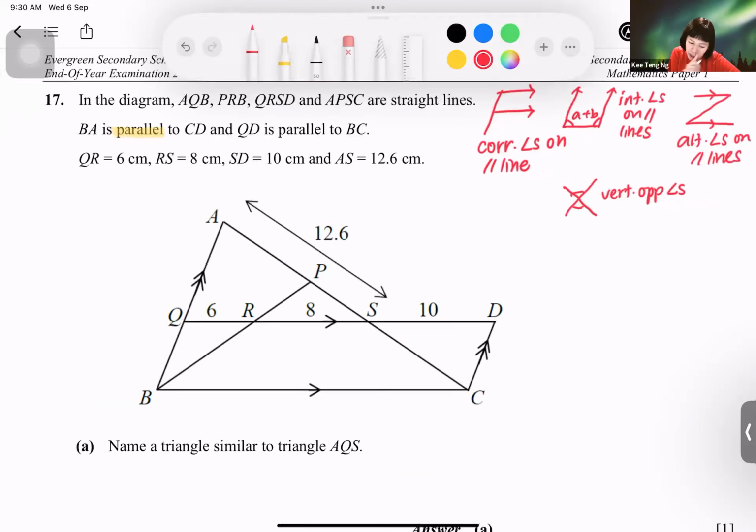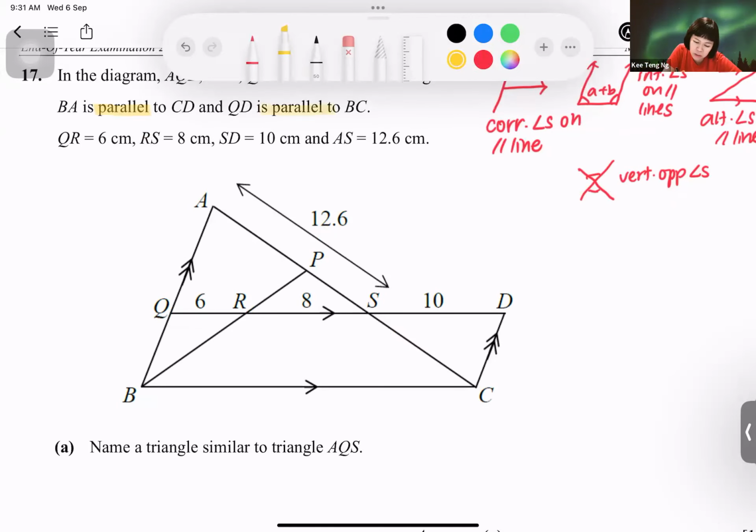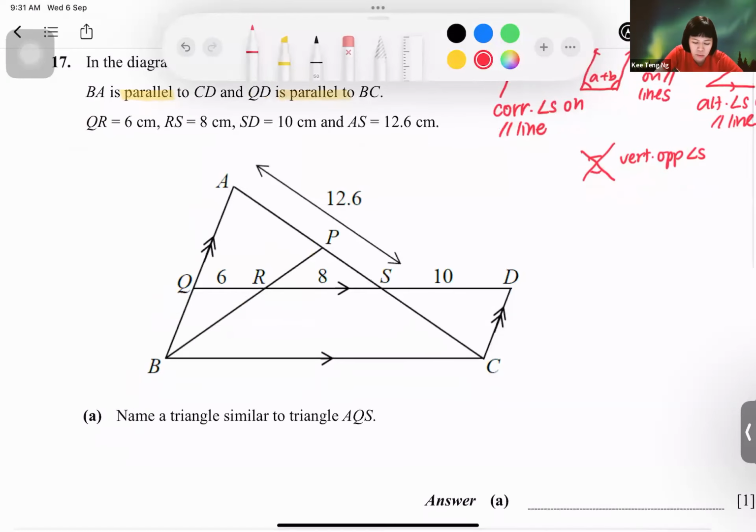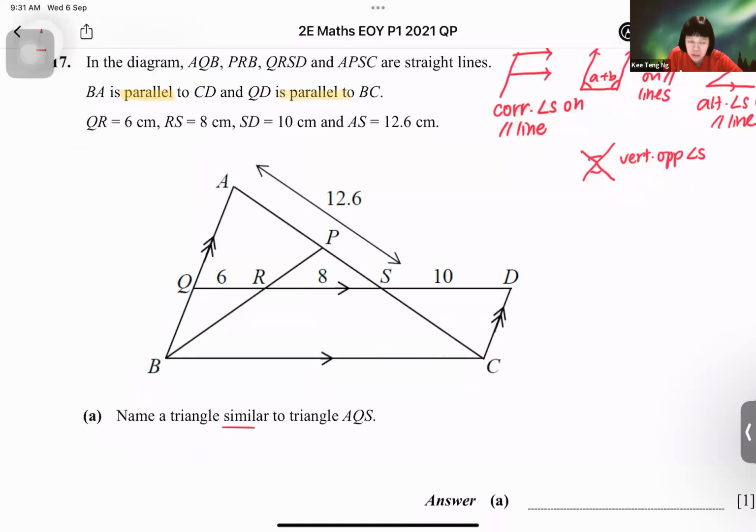So for me, I know that there are so many parallel lines already. Let me try and observe first. They never give me any angle. If they never give me angle, maybe I need to find something on my own. The question asks me to find a similar triangle. Similar means angles are the same throughout, but the triangle, one big, one small, is different in size.